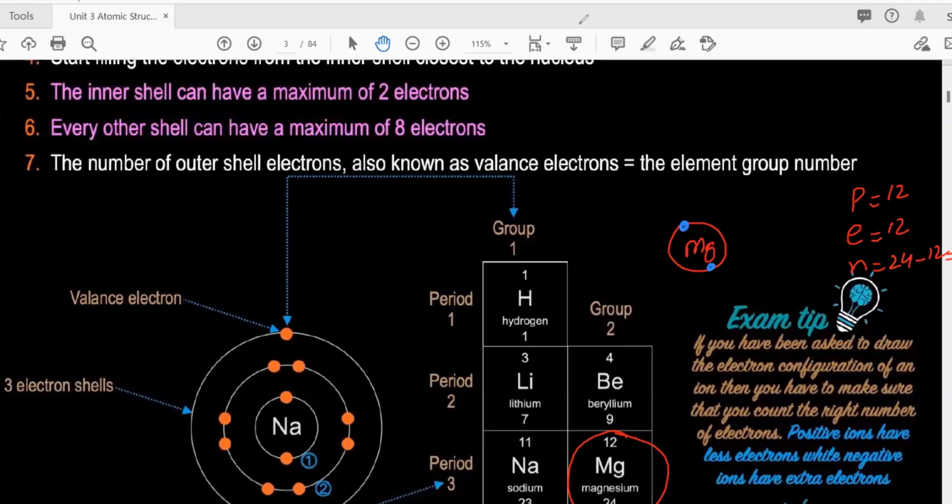Now I will draw the second shell. The second shell can have a maximum of 8. So 1, 2, 3, 4, 5, 6, 7, 8. Do we need the third shell also? Yes. In the third shell, how much is left? 2. So this is the electronic configuration.